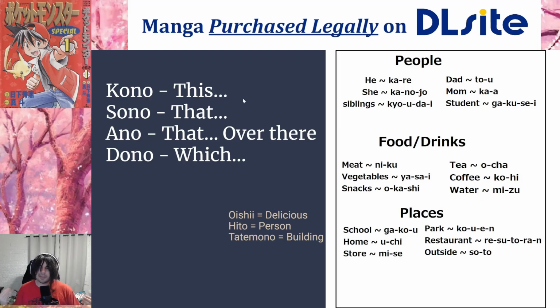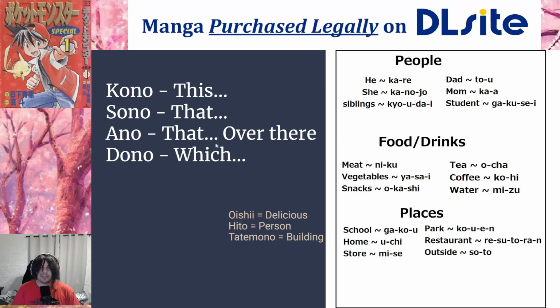So if I want to say this coffee is delicious, kono kohi ga oishii. Kono kohi ga oishii. So specify the thing I'm talking about, give it a description. If I want to say that person is mom, right? Sono hito ga okaasan desu, or okaasan desu, if we want to be a little bit more formal.